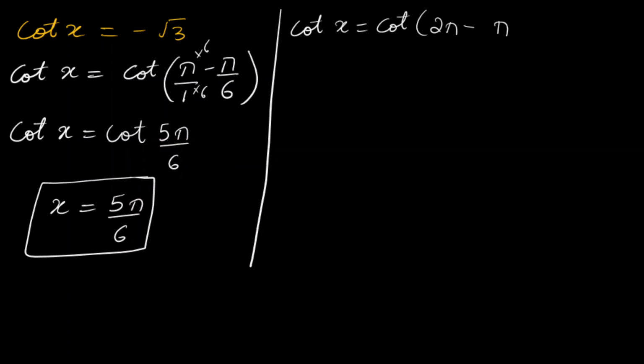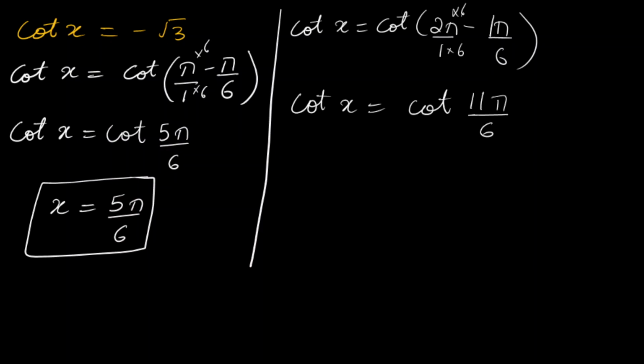X is again pi by 6. We can just take LCM and simplify this. So cot x equals cot of 12 pi minus pi, that means 11 pi by 6. It is 11 pi by 6.